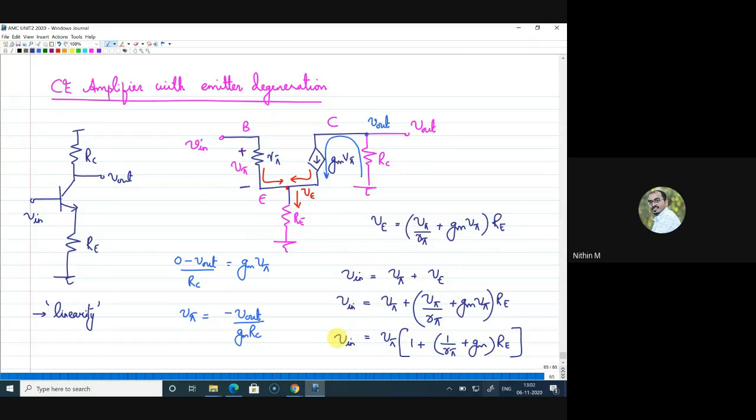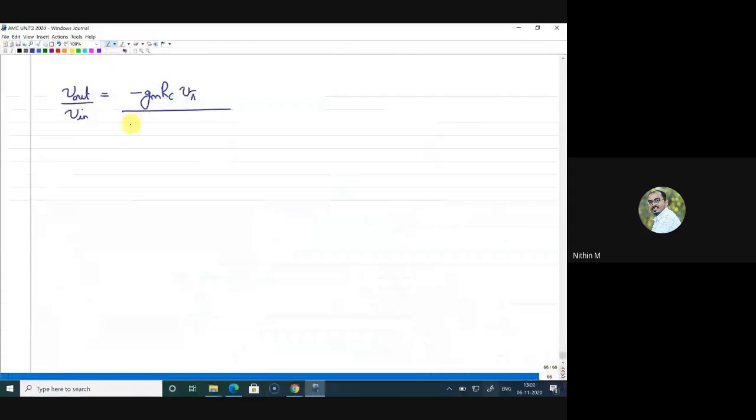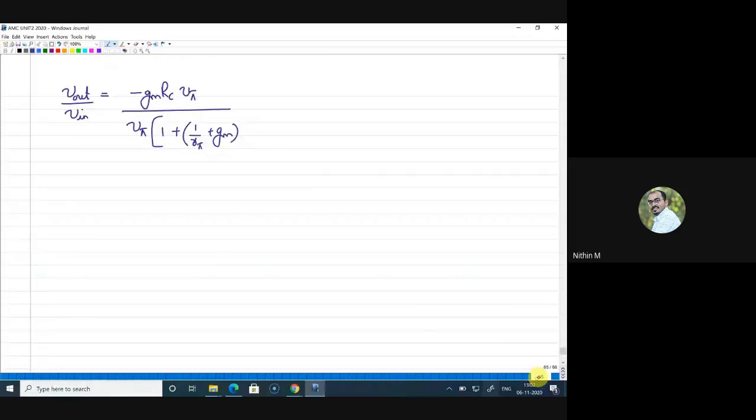Now V out can be written as minus gm RC into V pi. Now just take the ratio of these two. So V out by V in is equal to minus gm RC into V pi, divided by the other term, V pi into 1 plus 1 by R pi plus gm into RE, right?